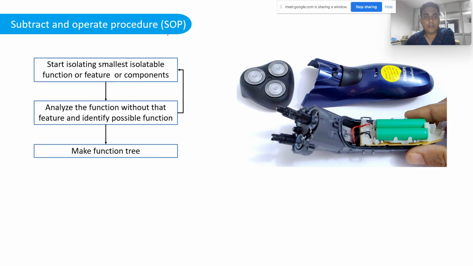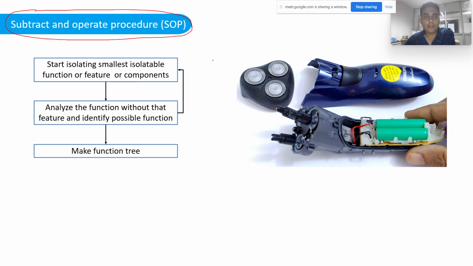One of the very important concepts that you need to understand before solving the assignments is functional decomposition. One simple method for functional decomposition is the subtract and operate procedure.